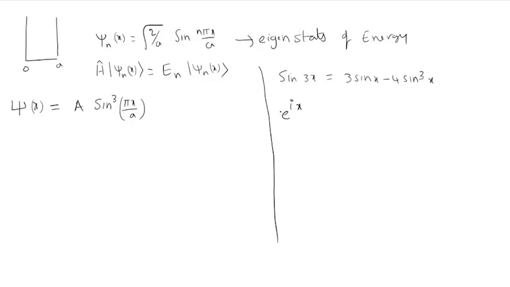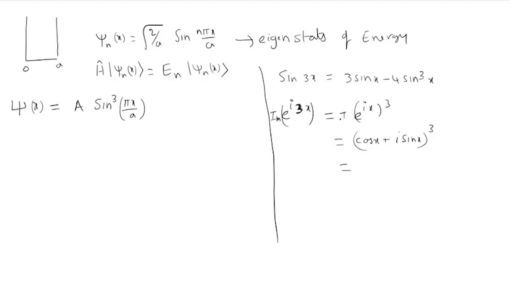So what you can do is you can write in terms of exponentials also. The sine 3x is the imaginary part of this. You can write this as e power ix whole cube, and write this as cos x plus i sin x whole cube. And then you can write some sort of cubic equation. You are interested only in the imaginary part, not everything.